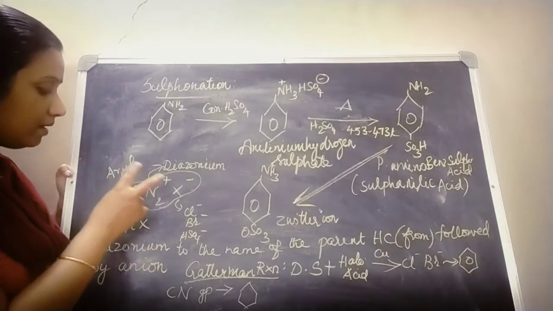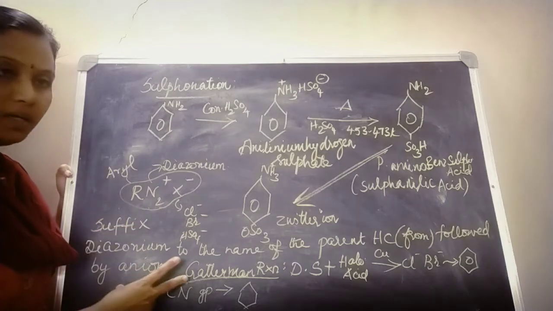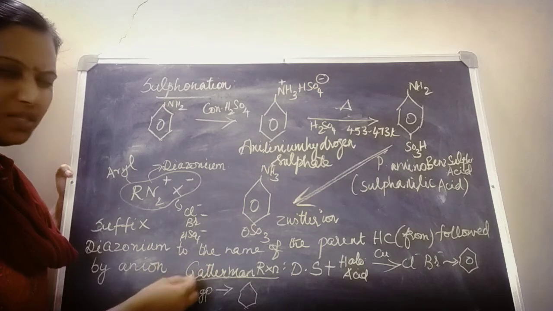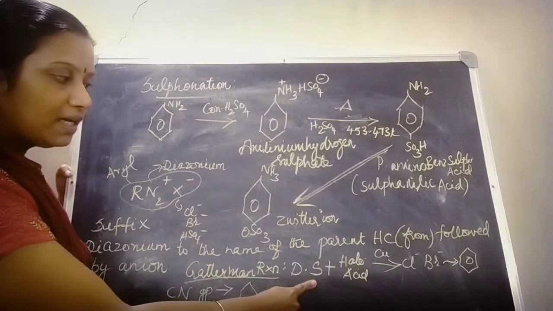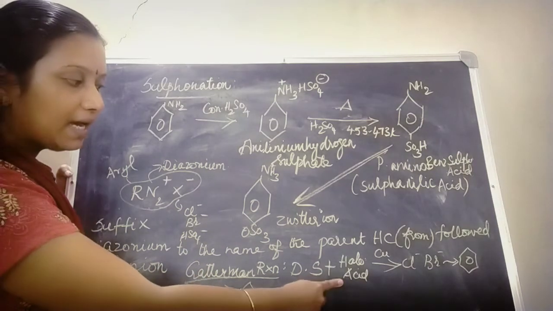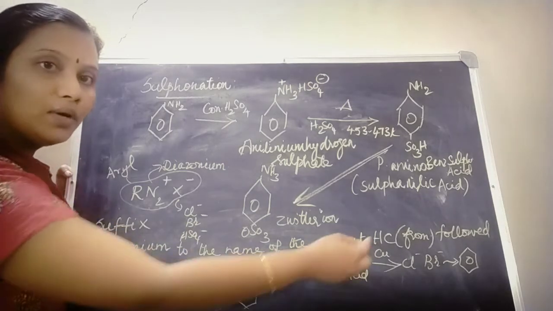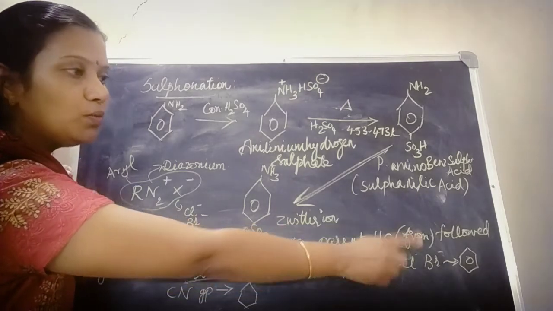Under our diazonium salt, an important reaction will be the Sandmeyer reaction, which we have studied before. This is just for a quick reference. I have to take diazonium salt and treat it with halogen acid in the presence of copper. So what happens? There is an introduction of a chlorine group or bromine group to benzene.